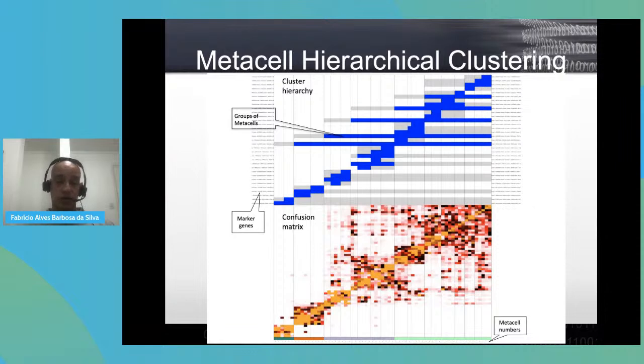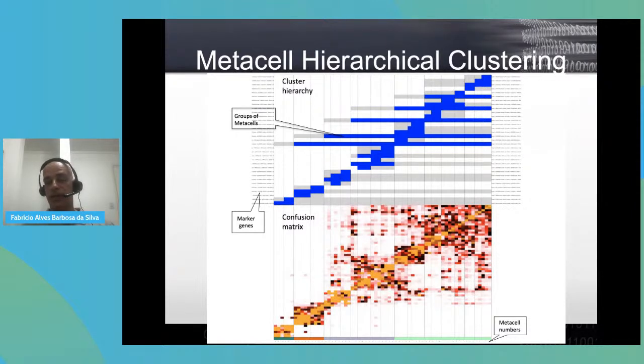The blue bars at the top of the figure are clusters of metacells. So you have several clusters. You can see that you have both large bars and small bars, and for each bar you have a set of marker genes. Those marker genes were used to identify cell types, to associate a cluster with cell types.